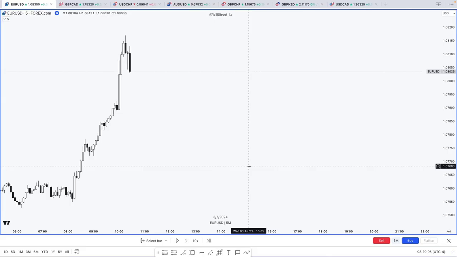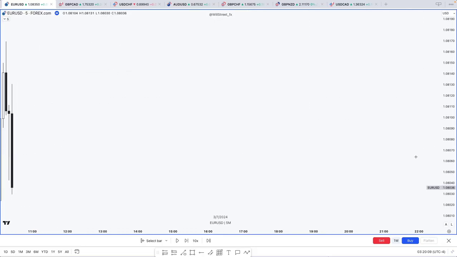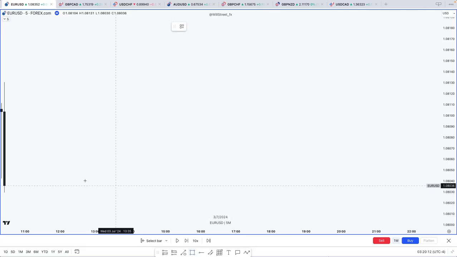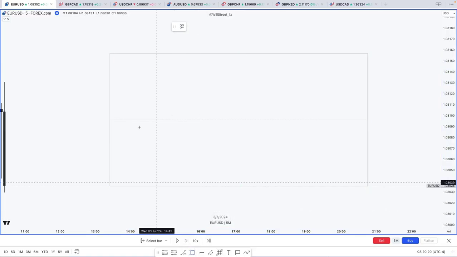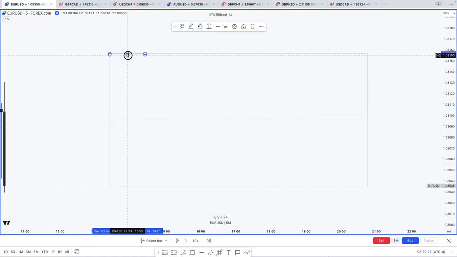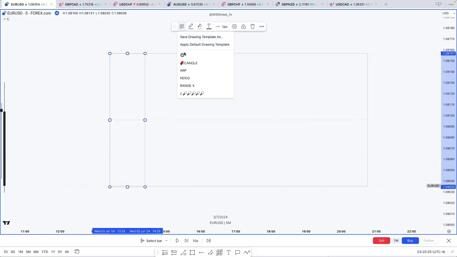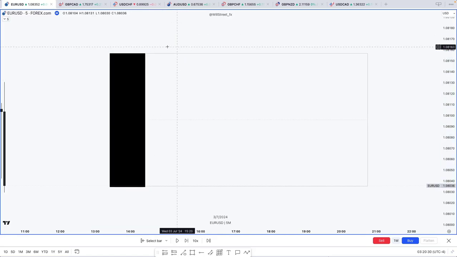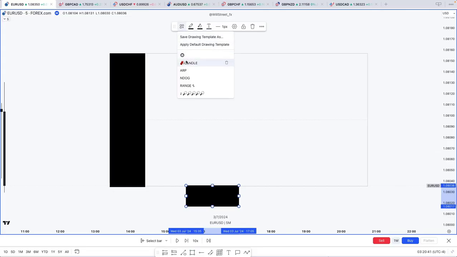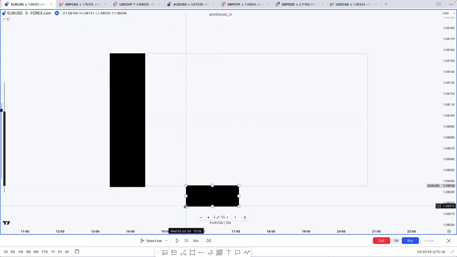Okay, so first of all, let's explain the bias. You already know how to know the bias, but let's explain in depth. As always, we have our range. When we have our range, what do we need to determine that the range is activated? A turtle soup with a closing inside the range.